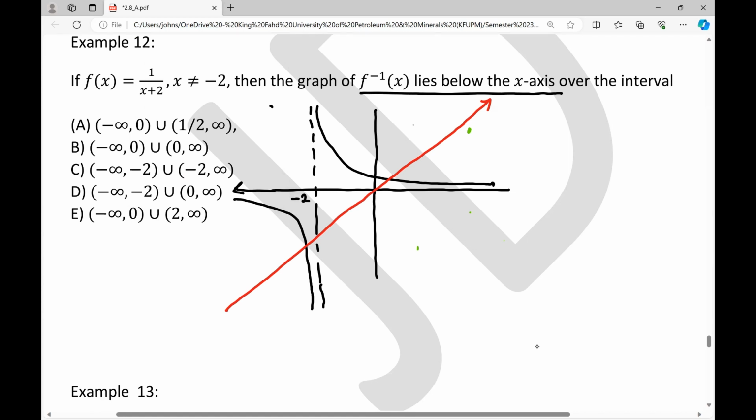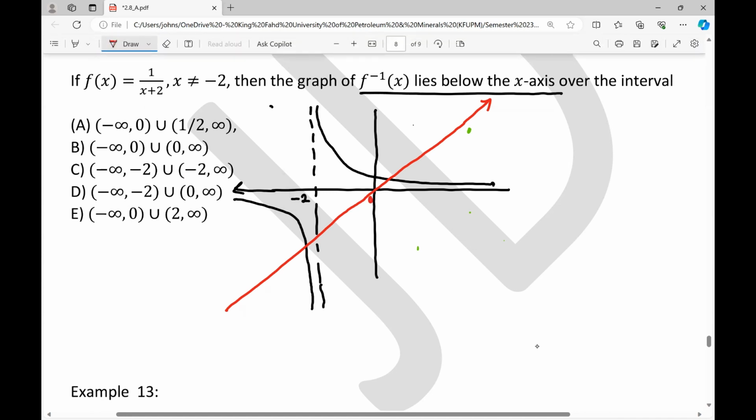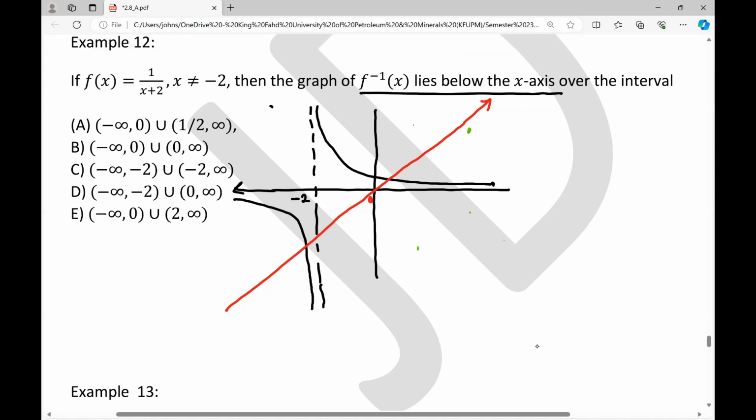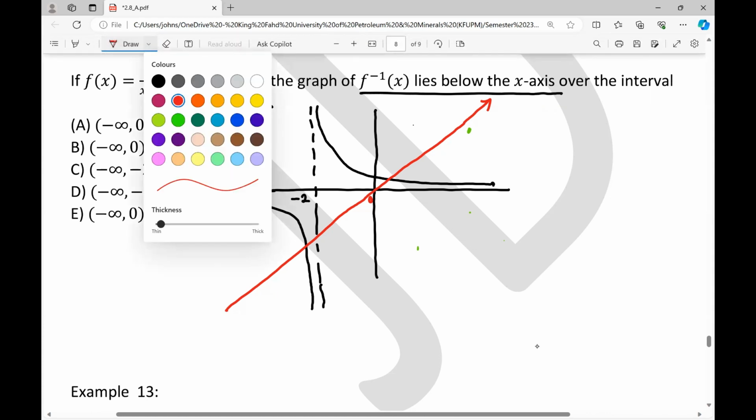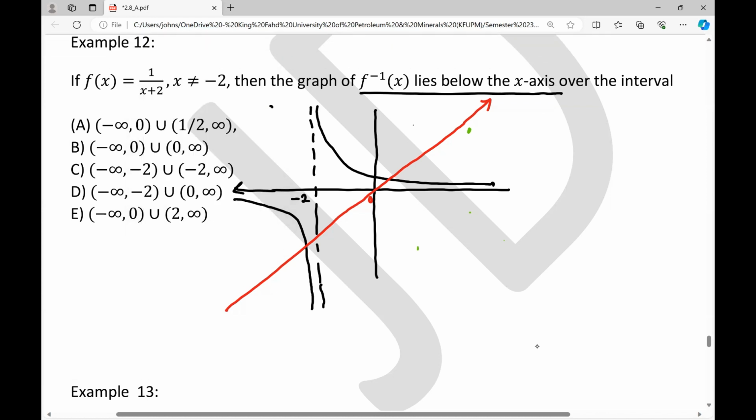Right? So here, remember this is 0, 0. So we need to reflect this graph across the red line. So now if you look at this part, if you reflect it across this red line, it's just going to be something like this.